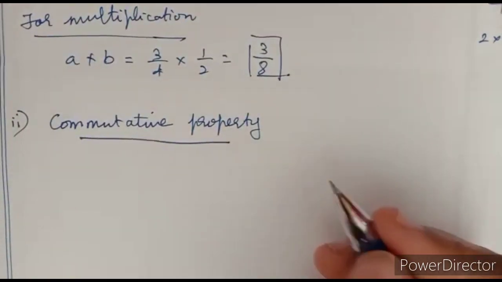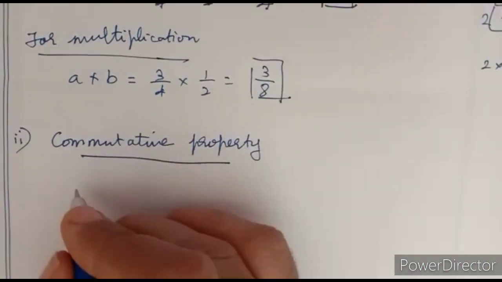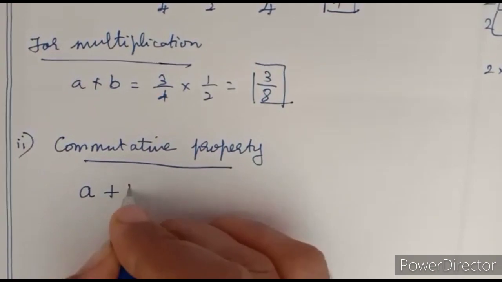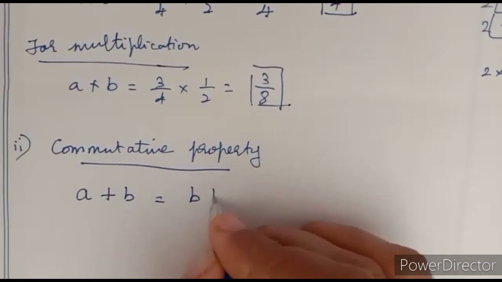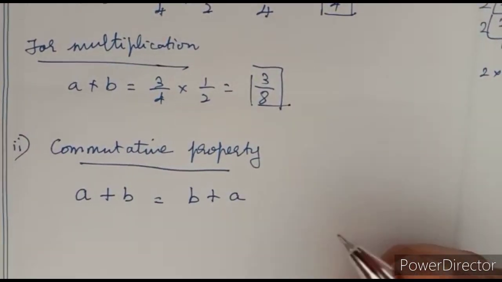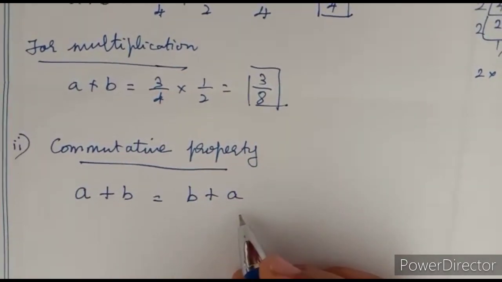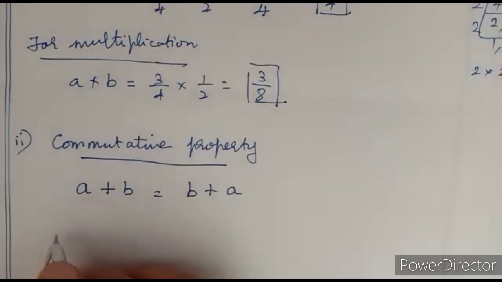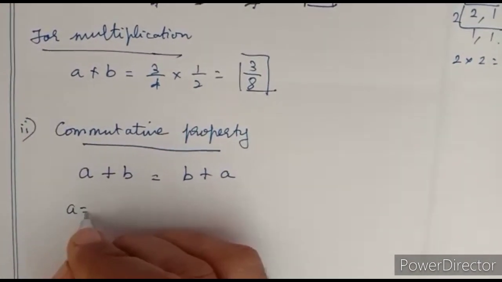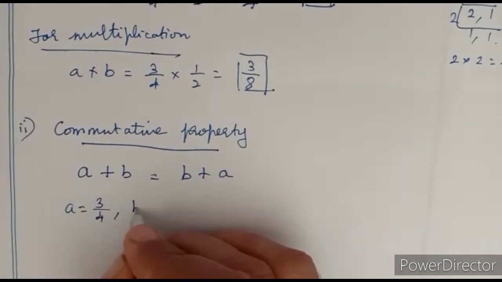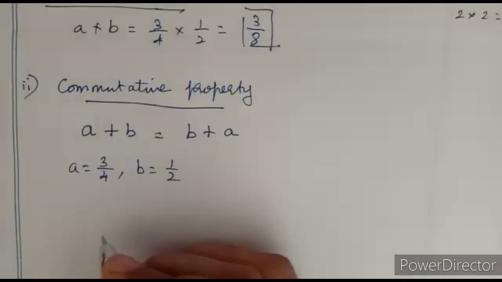For any two rational numbers, commutative property is A plus B is equal to B plus A. You have to get left hand side is equal to right hand side if the property is true. Now A value is 3 by 4 and B value is taken as 1 by 2.